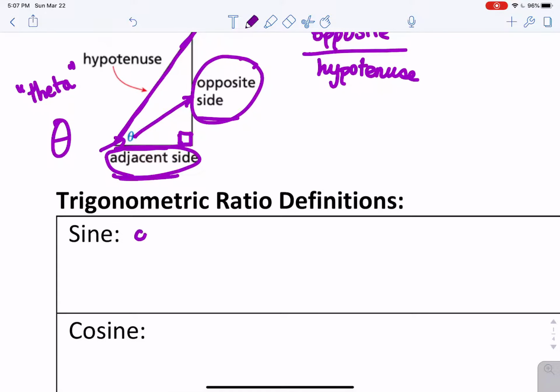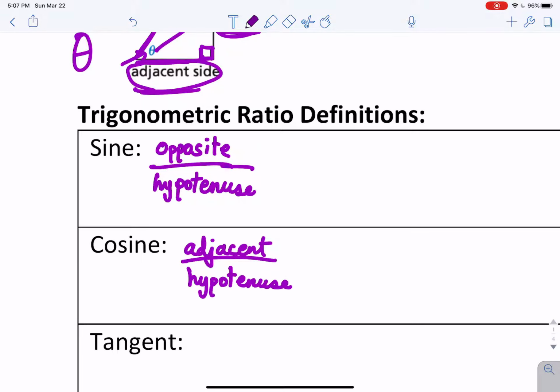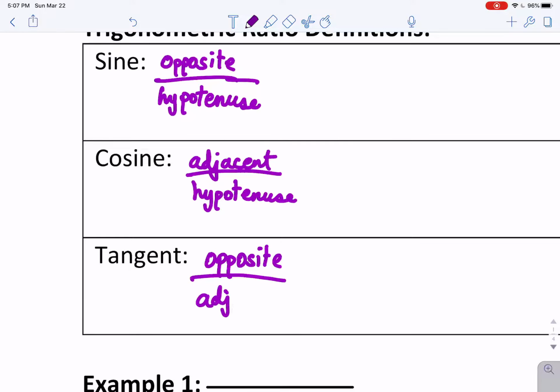So sine is opposite side divided by hypotenuse. The cosine is the adjacent side divided by the hypotenuse. And the tangent is the opposite side divided by the adjacent side.